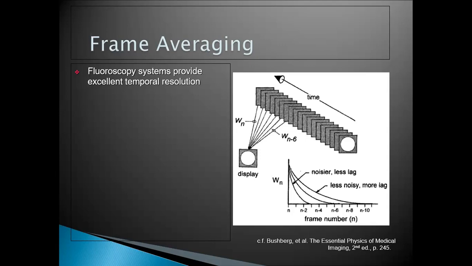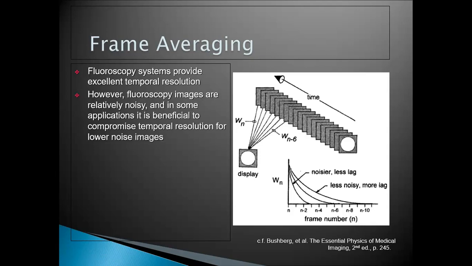At each point in time, if you get the image of that blood moving, and we can depict that this particular particle of blood was at this particular portion of the body, then the machine has very good temporal resolution. So one method of doing that is by using frame averaging.